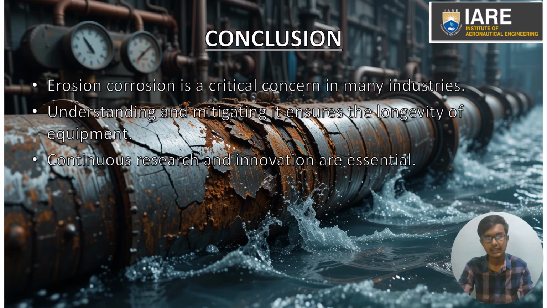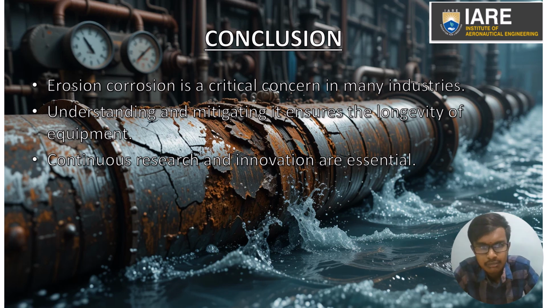Now finally, let me conclude the topic of erosion corrosion. Hence, we have discussed this phenomenon of erosion corrosion. This concept is one of the critically concerning aspects in many industries, as it represents a synergistic degradation mechanism where mechanical erosion and electrochemical corrosion combine to accelerate material loss beyond what either process would cause independently.